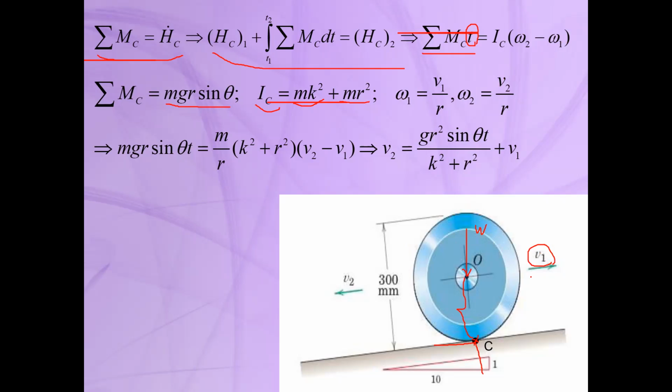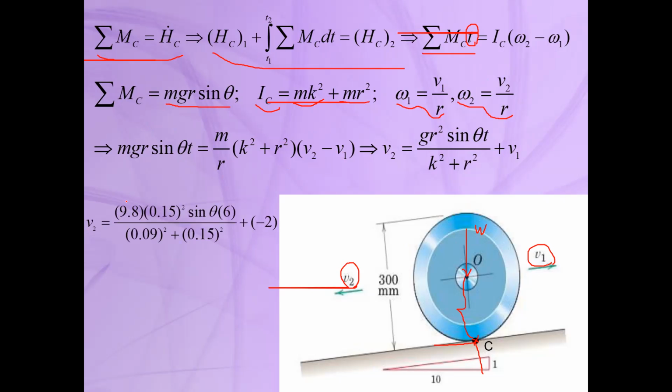So omega 1, the initial angular velocity, is the initial linear velocity divided by the radius. And omega 2, the final angular velocity, is the final linear velocity divided by the radius again. So we can substitute these terms and simplify, and finally, we can find a relation between V2 and V1.